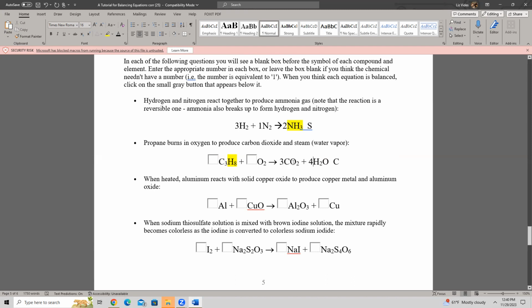So that's 6 oxygens. Let me spotlight so you can see. 3 times 2 is 6, and 4 times 1 is 4. So 6 plus 4 is 10, divided by 2 is 5. There you go. That's all balanced.